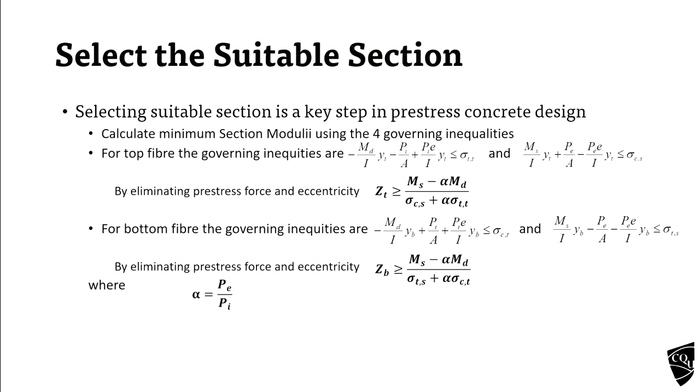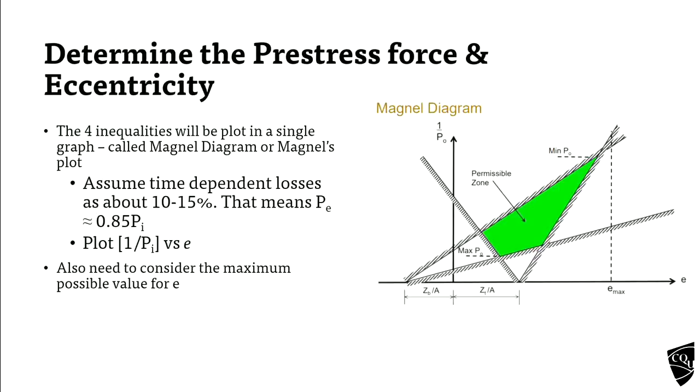Okay, so last week we stopped somewhere here. We know how to develop the Magnel diagram, how to draw the Magnel diagram. But if you want to draw the Magnel diagram, you should know the section properties.